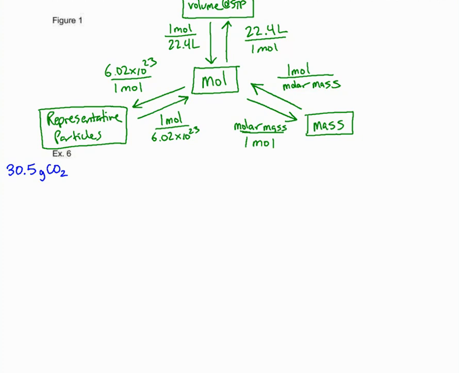And I want to get us to these other locations, so we're going to look at how many molecules are in this sample of carbon dioxide and what is the volume in liters at STP.